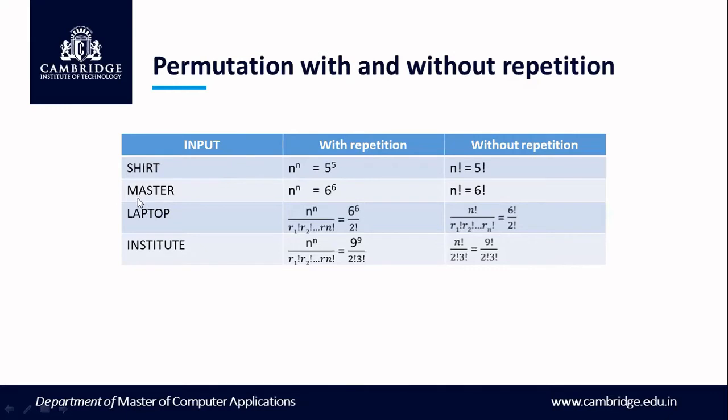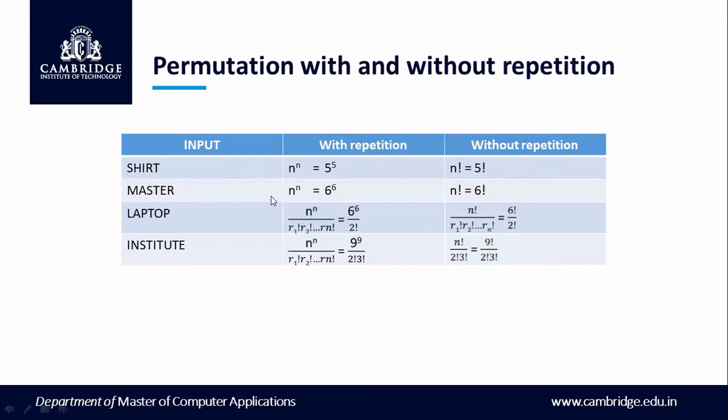Similarly, let me take one more example, master. Here also, no alphabets are repeated, M-A-S-T-E-R. So without repetition I have the general formula n factorial, equal to 6 factorial.